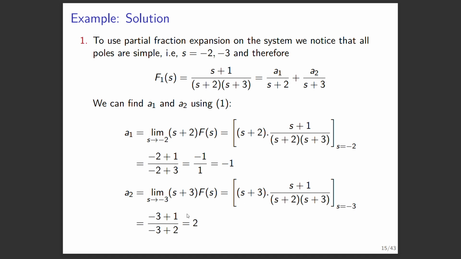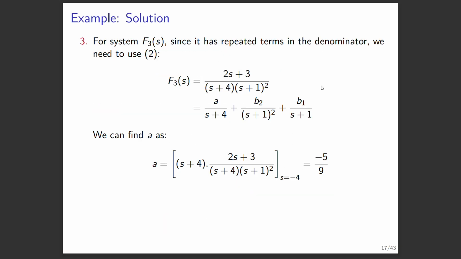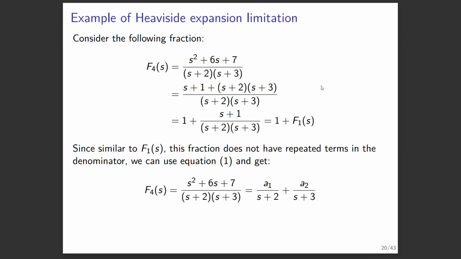That's what I found for f1: -1 divided by s plus 2 and 2 divided by s plus 3. So Heaviside expansion mistakenly finds for f4 what it found for f1. It cannot capture this divisor here, 1 here.